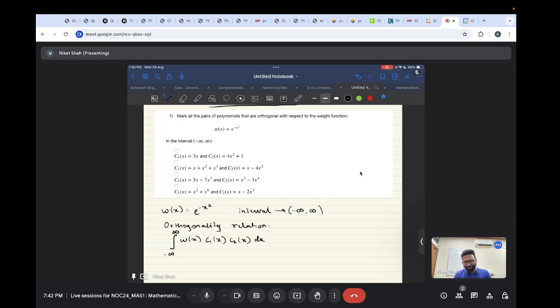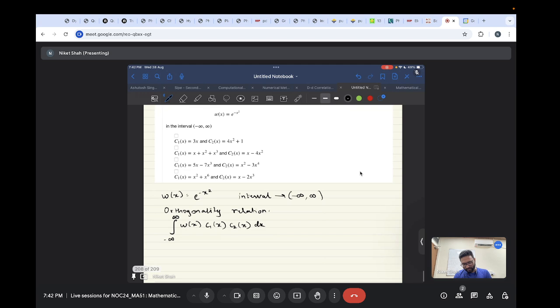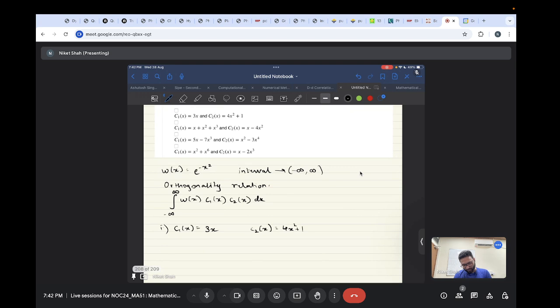All right. So let's see. The first option is c1 of x is equal to 3x and c2 of x is equal to 4x square plus 1. So using the orthogonality relation, this is basically integral minus infinity to infinity, w of x is e raised to power minus x square, c1 of x is 3x, c2 of x is 4x square plus 1 dx.